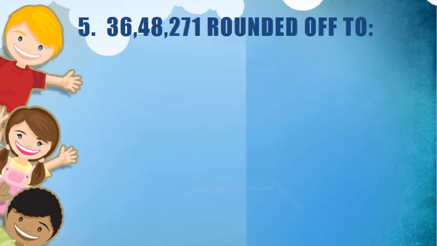Now children, let's come to the fifth question of exercise 11A. So here we have 36,48,271 rounded off to the B part. The nearest 10,000 is, so let us see, when we round off 36,48,271 to the nearest 10,000 place, what do we get?